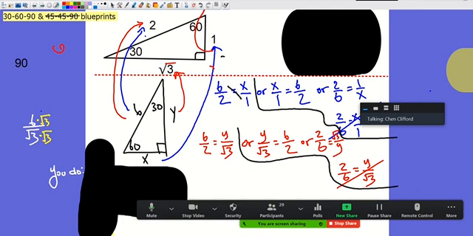I'm going to cross multiply. For the blues, you get 6 times 1 equals 2 times x. Then you divide both sides by 2, and you get x equals 3.